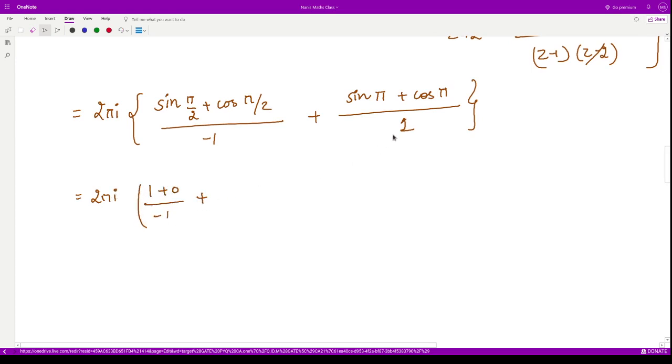The value of sin(pi) is 0, and the value of cos(pi) is minus 1. So it would simply be 2 pi iota times minus 1 and minus 1, so minus 2. That would simply be minus 4 pi iota. So this is the value that we obtained for this integral I.